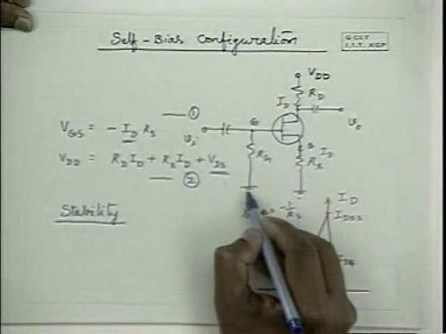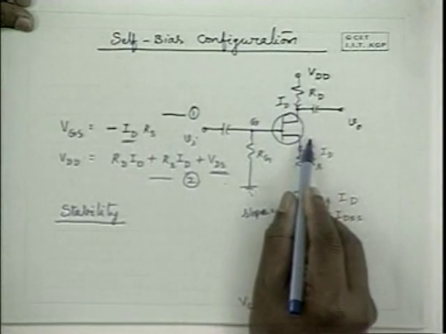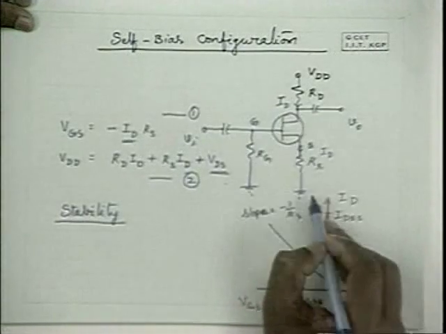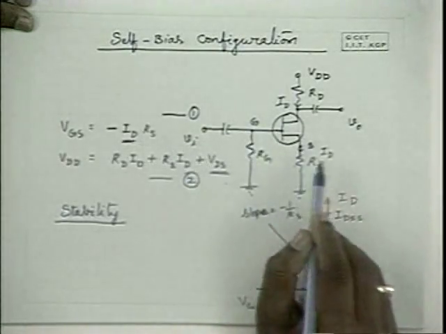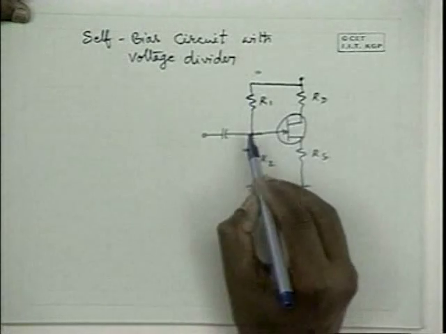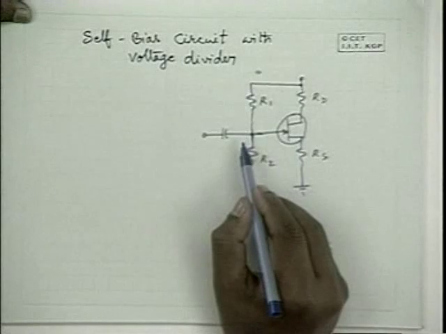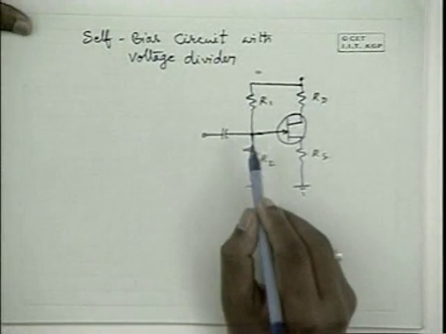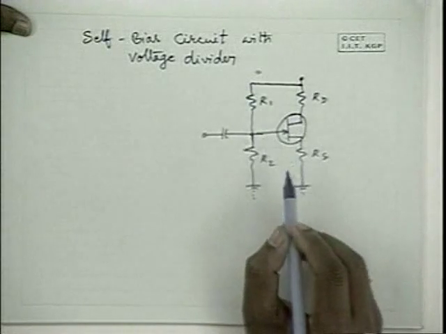Earlier, I repeat, the gate was provided with zero bias. Source potential was of course increased through this arrangement, and that was responsible for some reverse gate to source potential. But here the gate potential is maintained at some constant level instead of zero. That is the only difference between this circuit and the other circuit.